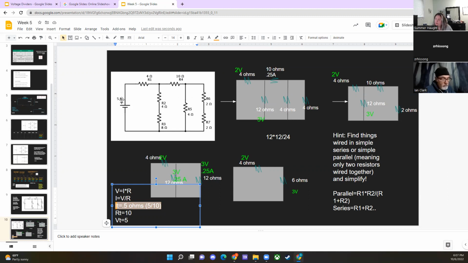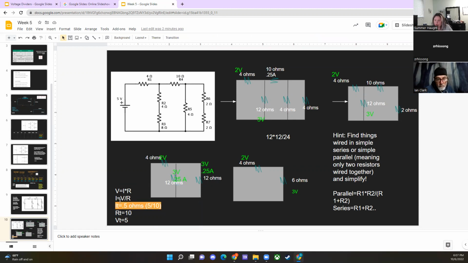But when we know 0.5 amps is here, we have this one solved for R1, because we know what the amperage is, we know what the resistance is, so we can find what that voltage is. That's really all this is, just working backwards. One of the biggest first steps is, once we calculated that total current, you can go back in on the simple series circuit.